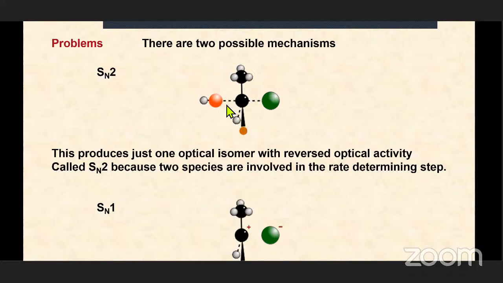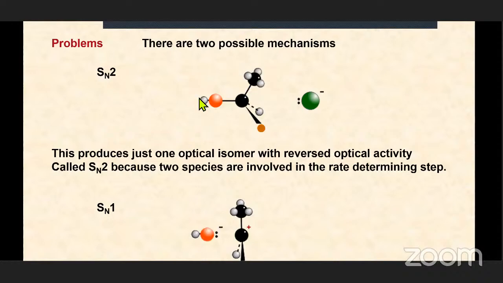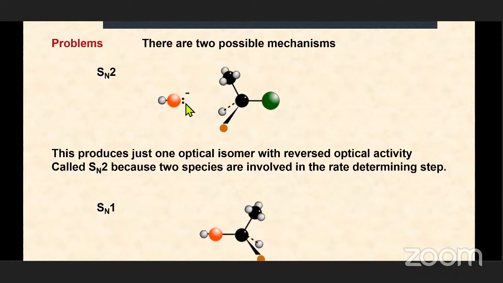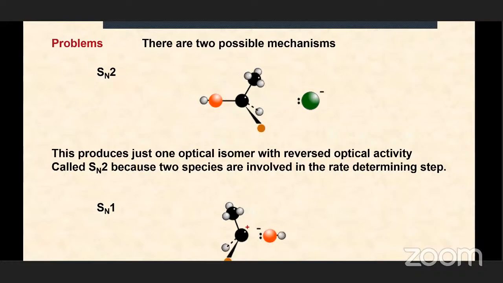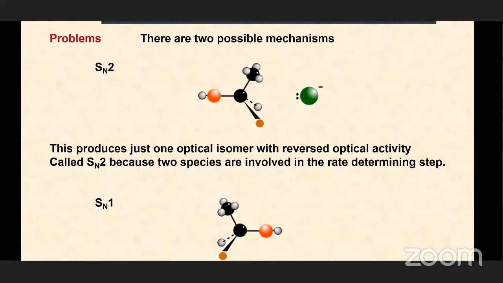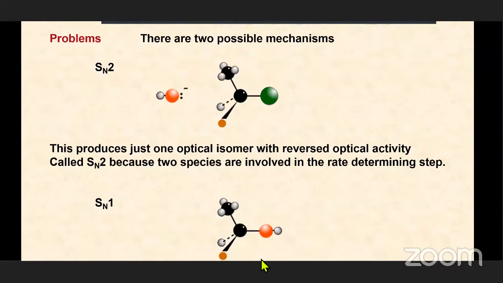The way it's going to happen is that it always results in one type of mirror image, not 2 types. The OH- would always attack from one side, and the reason why it would always attack from one side is, let me draw it over there.